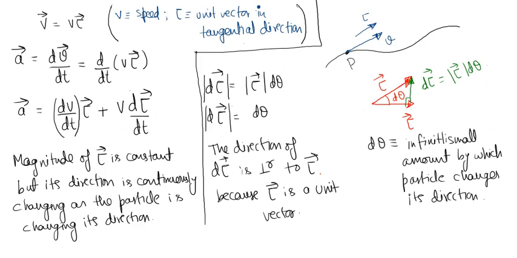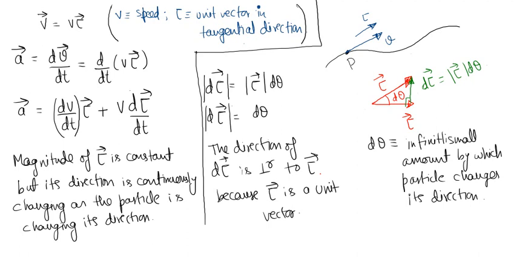Now what I am doing here is trying to derive the formula for radial and tangential acceleration for a particle which is moving in some general curvilinear trajectory. This figure shows the particle which is moving along this curved line. At a given instant the particle is at P, and obviously the direction of motion of the particle will be the tangential direction, along the tangent to this curve at this point P. Its speed is v and it is moving in the tangential direction.